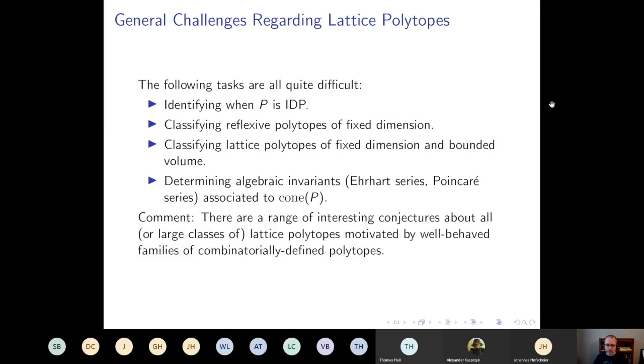And so one comment I'll make, where I'm coming from, is that there's a range of interesting conjectures about all lattice polytopes, or at least very large classes of lattice polytopes, that are motivated by behavior of well-behaved families of combinatorially defined polytopes.